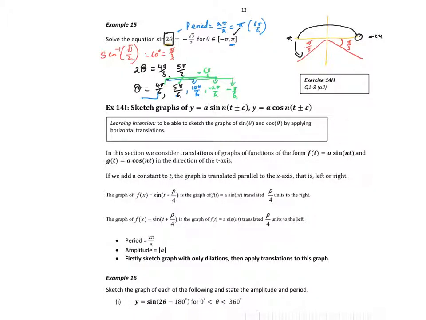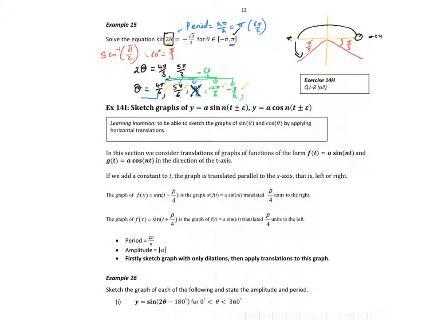If I subtract any more, negative 1 minus 6 is negative 7 on 6, which is too big. Negative 2 minus 6 is negative 8 on 6, which is also too big. So what does that mean? That one there is outside the domain, but that one, that one, that one, and that one are inside. So they're my 4 solutions.